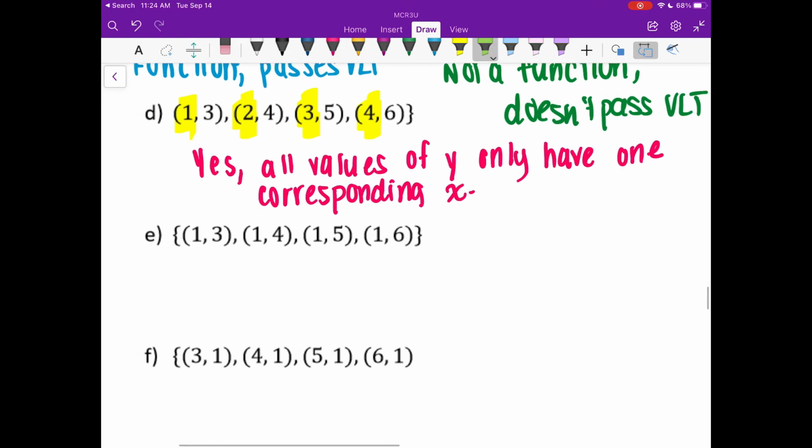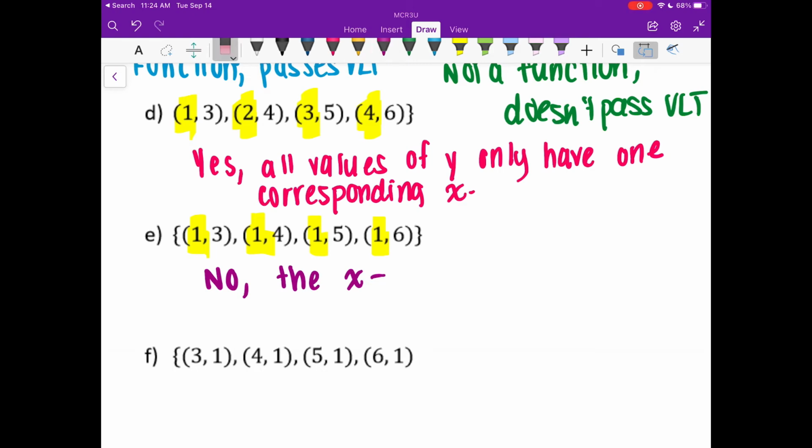Now let's move on to the bottom. We have all these different y values, but if you look at the x's, they're all the same. So that means that for multiple y's, you have the same x value, right? So this one does not pass the VLT. This is actually a vertical line.